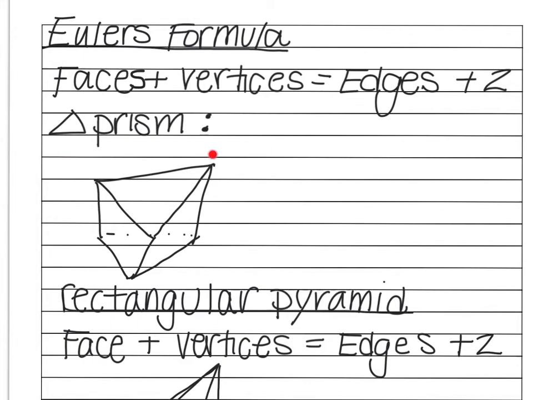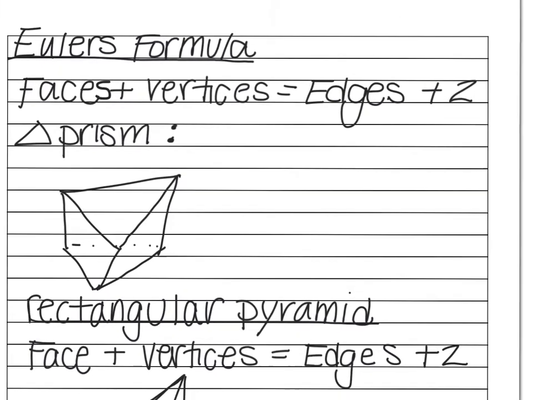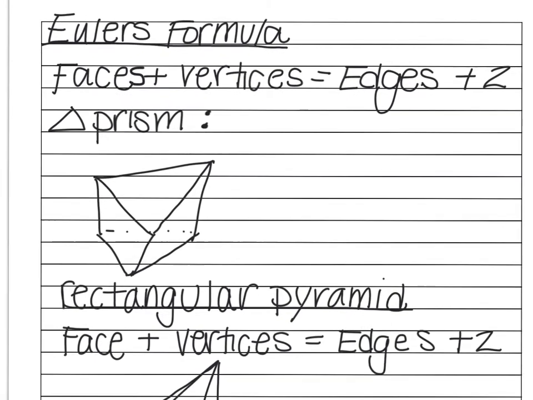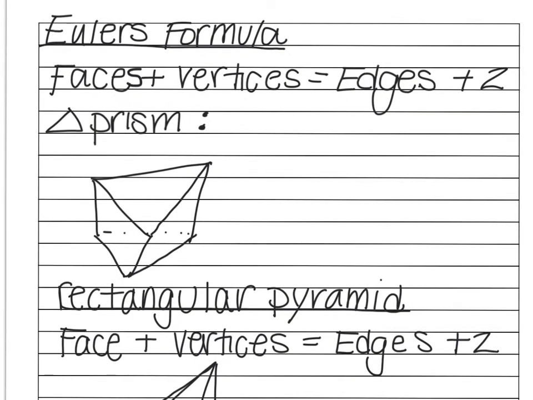So here we have a triangular prism, and here I have a triangular face on the top and a triangular face on the bottom. And I can go ahead and count how many faces I have. Besides the top and the bottom face here, you can also have faces on the sides.